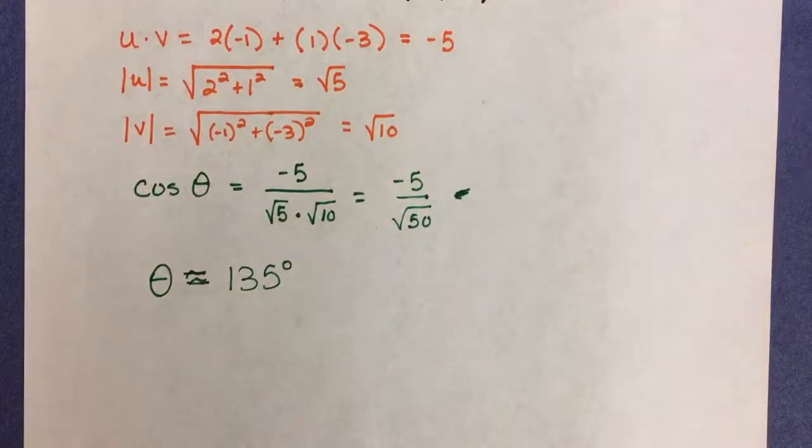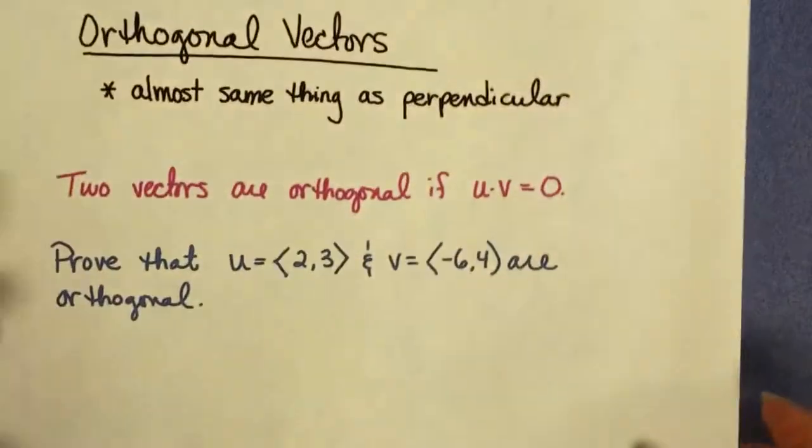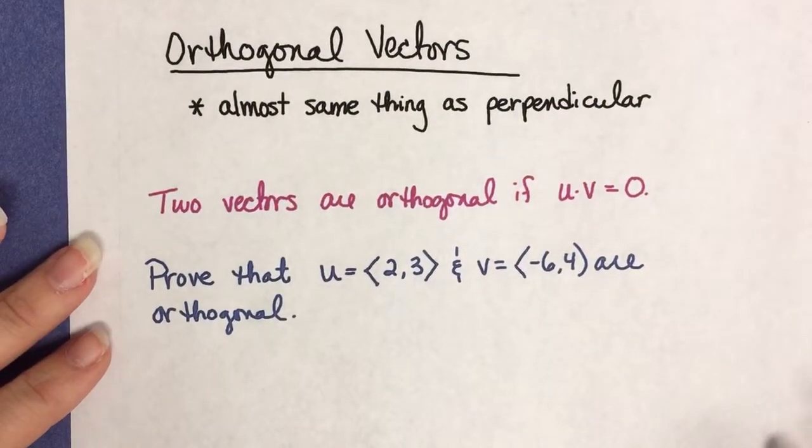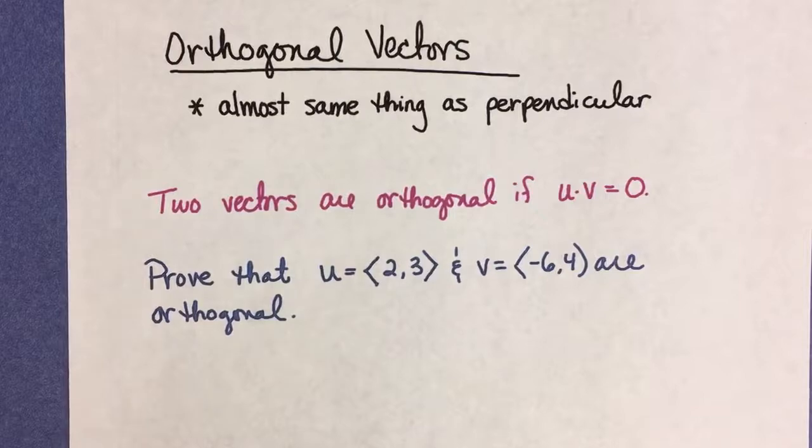Okay, one last concept that we're going to look at in this section is looking to see if vectors are orthogonal. It's almost the same thing as being perpendicular, and the textbook goes into some details as to what the fine difference is between orthogonal and perpendicular, but it's almost the same thing.